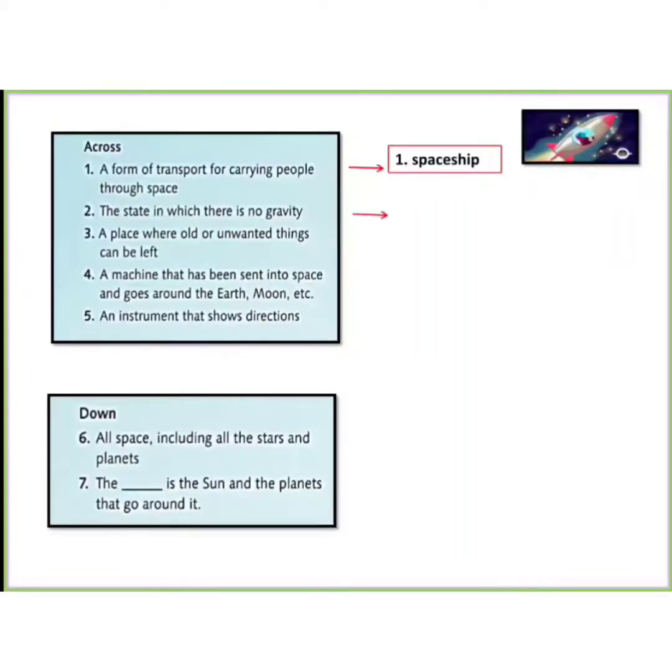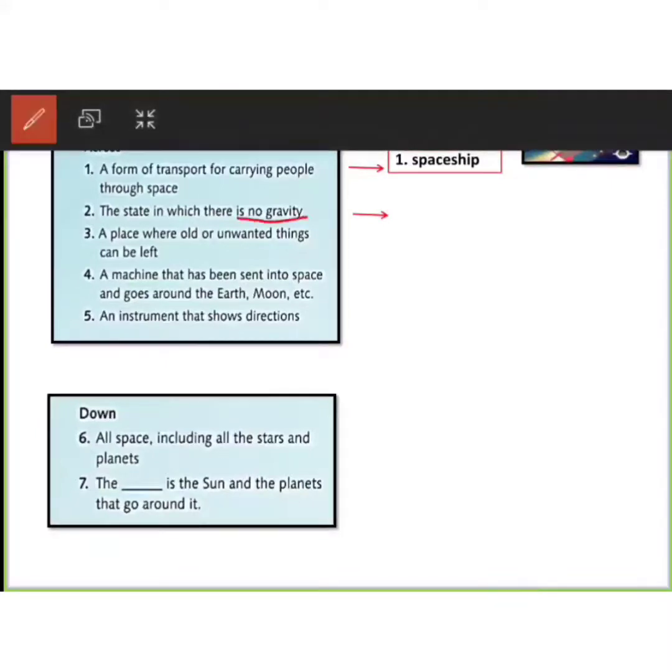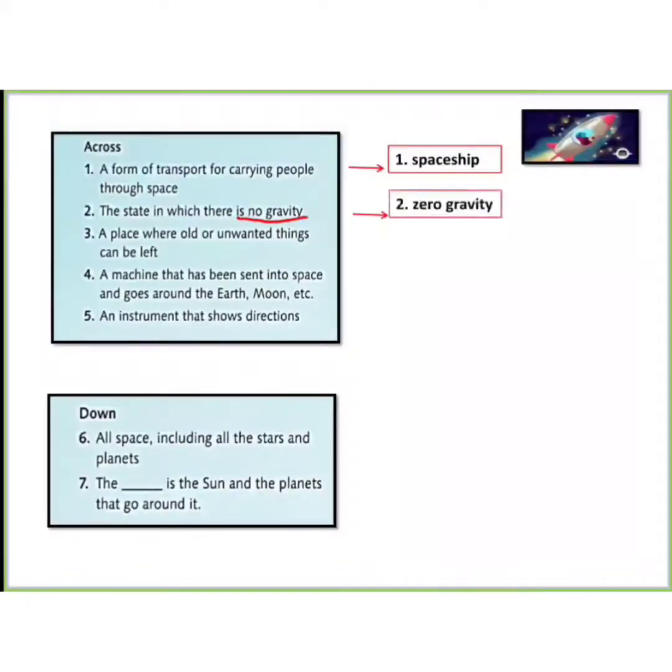Number 2, the state in which there is no gravity. No gravity. The answer is zero gravity. For example, look at this picture. Look at this astronaut. He feels that there is no gravity, zero gravity in space.